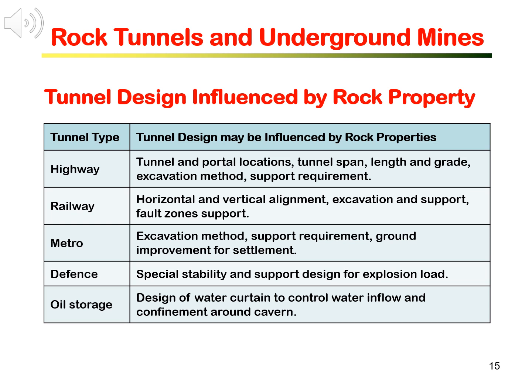For example, for highway tunnels, due to relative flexibility in layout and geometry, we need to choose and design tunnel and portal locations, tunnel span, length and grade, excavation method, support requirement based on rock mass profile and properties, rock material abrasivity, groundwater, and in-situ stress conditions.